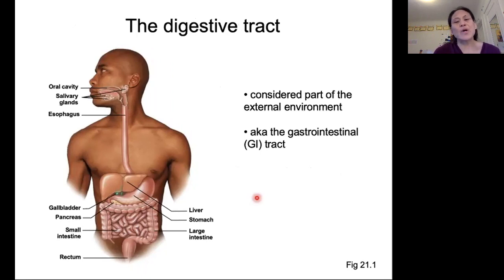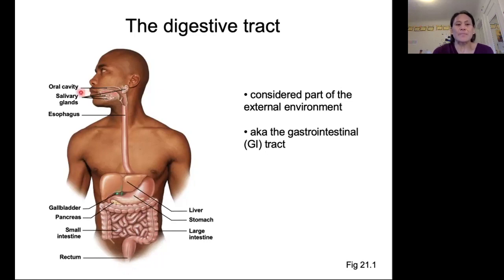Okay, so let's take a quick look at the digestive tract. So basically, the digestive system is a tube that goes through our body, or you can think of it as like a tunnel, right? So we start with the oral cavity here. We go down to the stomach, small intestine, large intestine, to the anus.